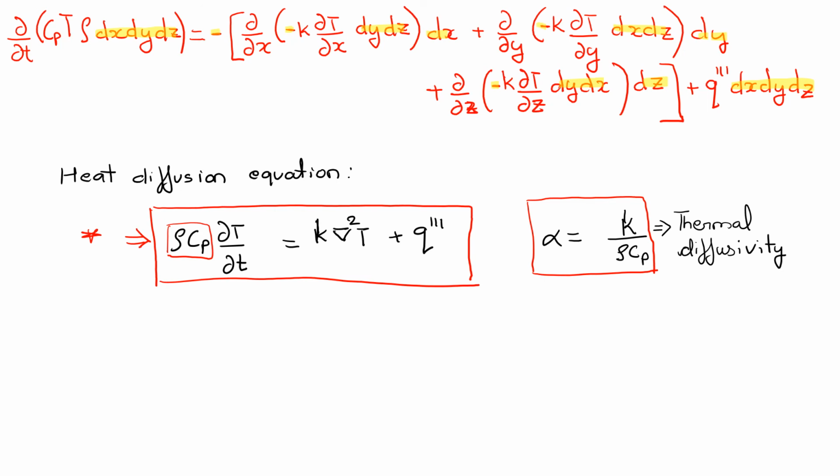So if we divide the heat diffusion equation by rho Cp and look at it in terms of alpha, the equation that we'll get is 1 over alpha times the partial derivative of the temperature with respect to time on the left hand side, and on the right hand side we'll have del square T plus the heat generation term divided by the thermal conductivity.